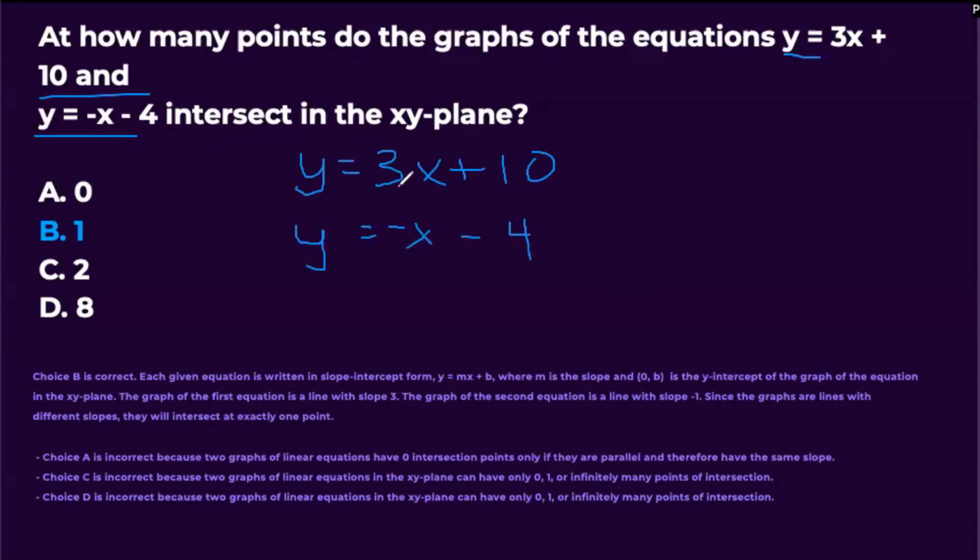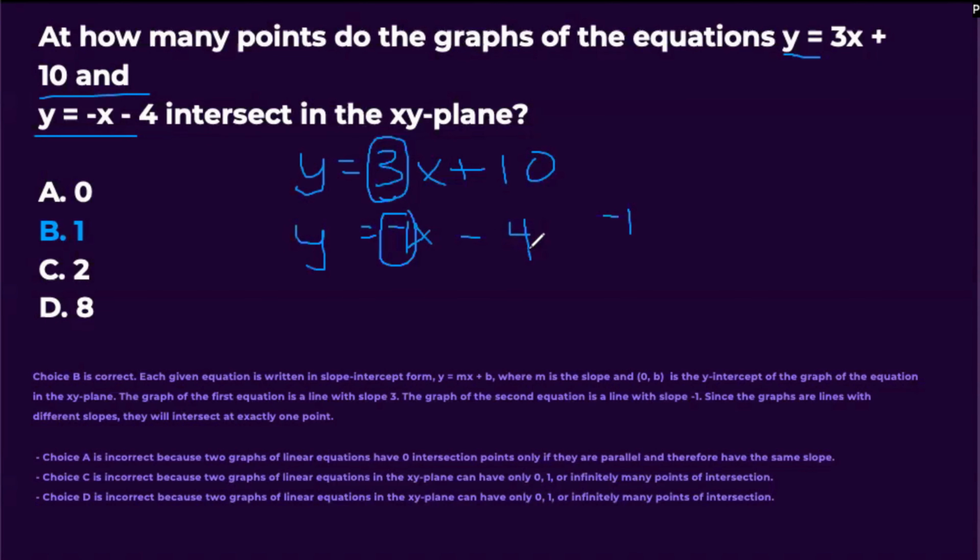Okay, so now because I know the slope of the first equation is 3, we now know that the second equation's slope is negative 1. So because they have slopes that are different, we know that it's going to intersect at at least 1 point.